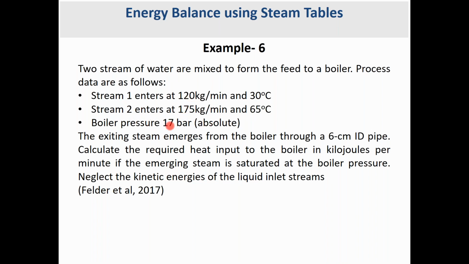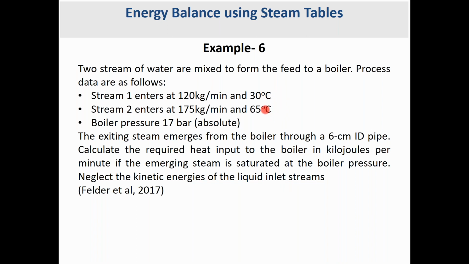The boiler pressure is given to you, it is 17 bar, and moreover, the exiting stream is saturated steam at boiler pressure, which is 17 bar. The other assumption of the question is that the kinetic energy of the inlet streams is considered 0. So velocity in these 2 inlet streams is considered 0.